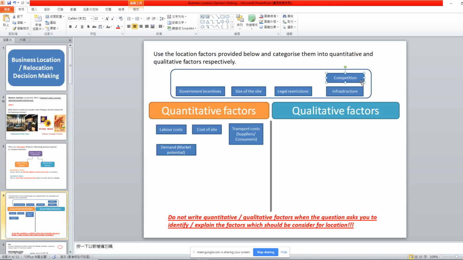For competition, I would actually say it is a quantitative factor, because the competition really directly affects your revenue. Think about this: huge competition, no competition, that will actually affect your revenue.